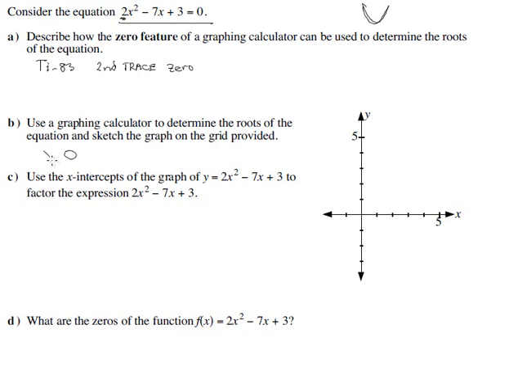So, determine the roots of the equation. We found them. They are x equals 0.5 and x equals 3. Sketch the graph on the grid. We had an intercept at 0.5, an intercept at 3, and the curve went something like this.